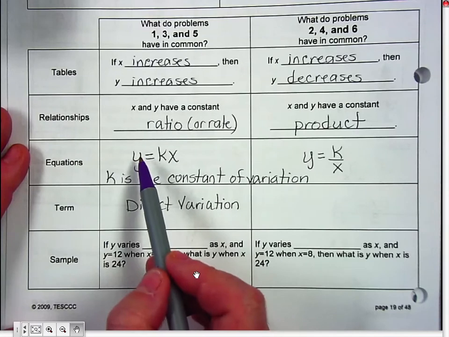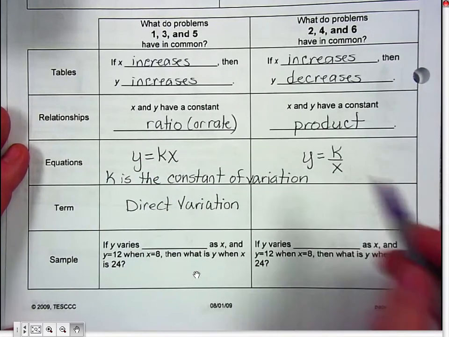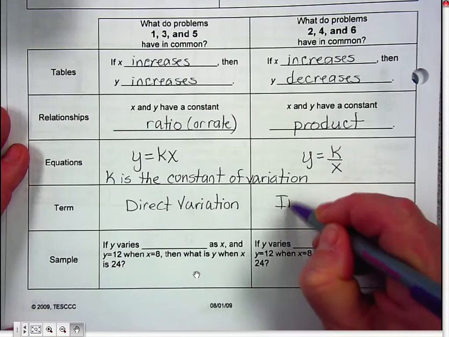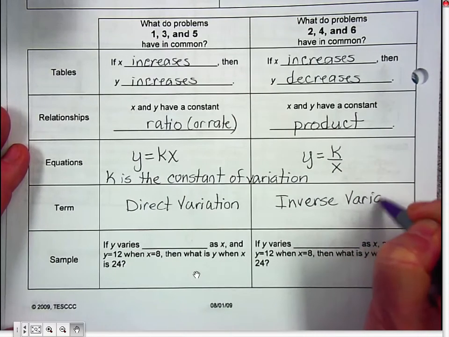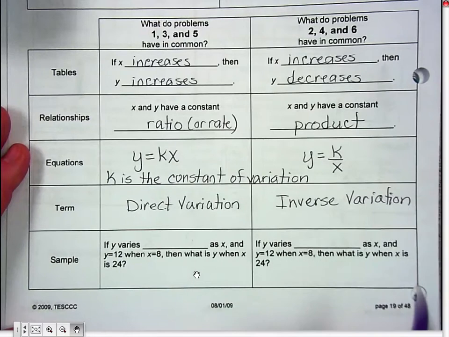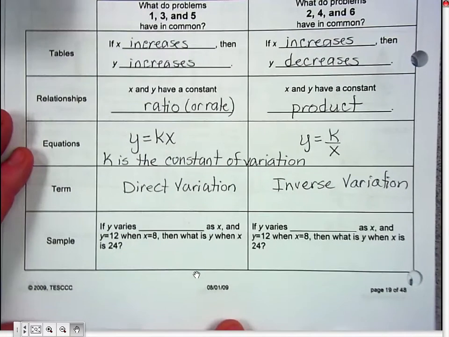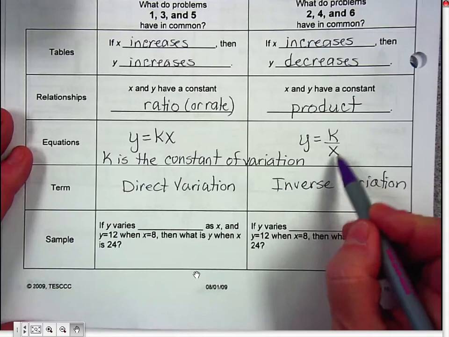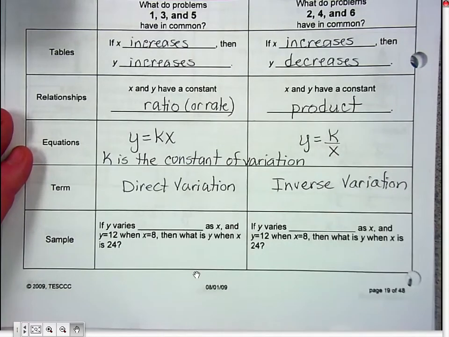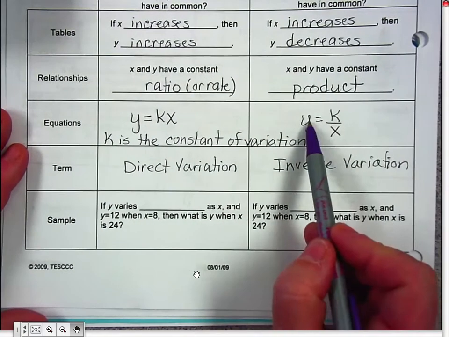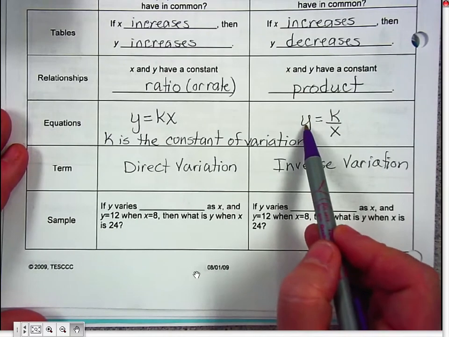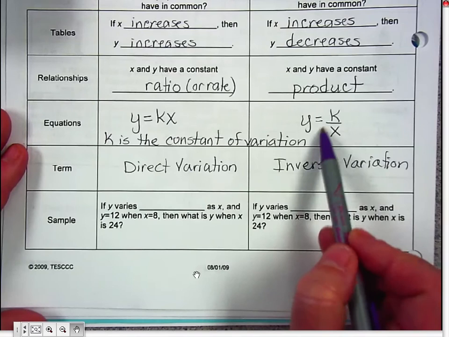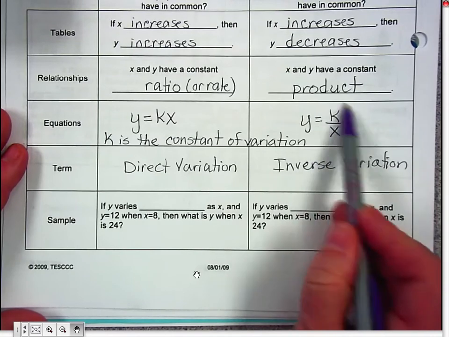This one is called inverse variation, because the X is inverted, it's in the bottom. In this case, as X increases, Y is going to decrease, because as X gets bigger down here, this entire number gets smaller.